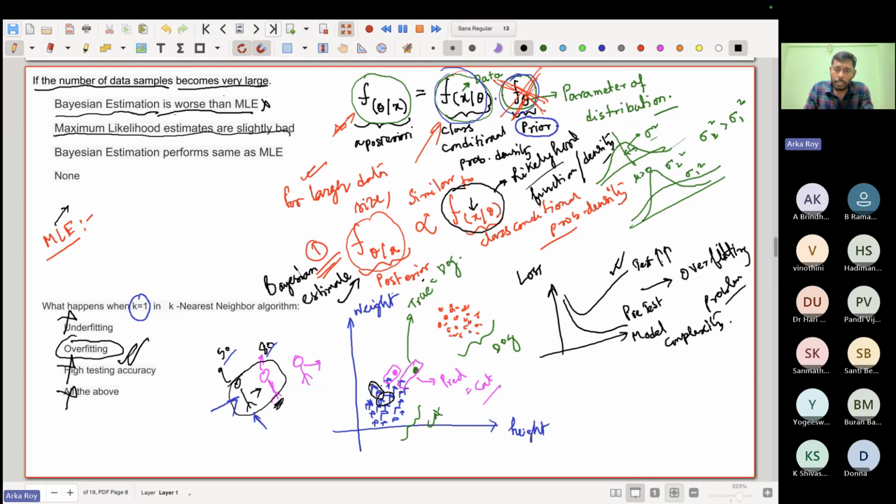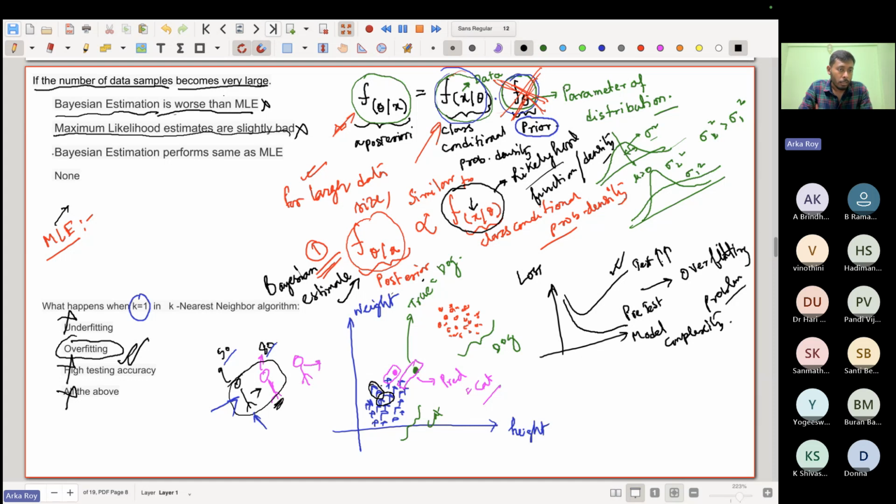You can see that it depends on the data. So if you have larger amount of data, you'll be able to learn more, and your MLE should give you better results. Therefore, stating MLE estimates are slightly bad is incorrect because it is dependent on data. If you have higher amount of data, the estimate would be closer to the original one.